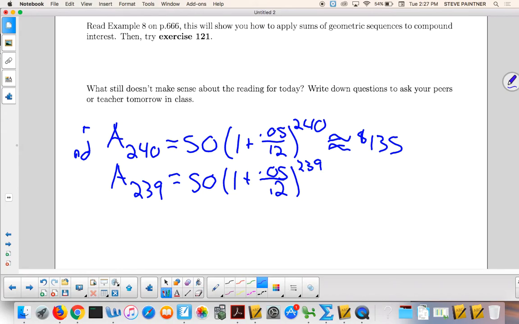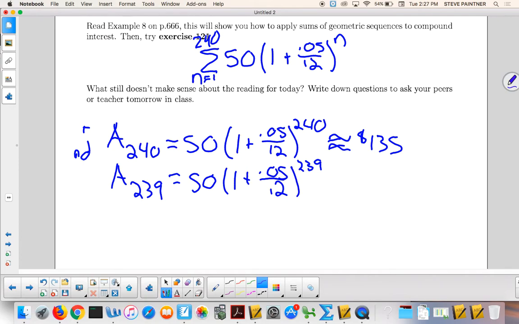So what we're going to get for our geometric sequence is the sum of 50 times 1 plus 0.05 divided by 12 to the n. And n is running from month 1 to month 240.